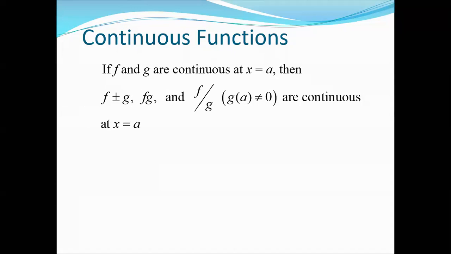Is that clear? So if f and g are continuous at x equal to a, then f(x) plus g(x), f(x) minus g(x), f(x) into g(x) are continuous, as well as f upon g is also continuous if g of a is non-zero.